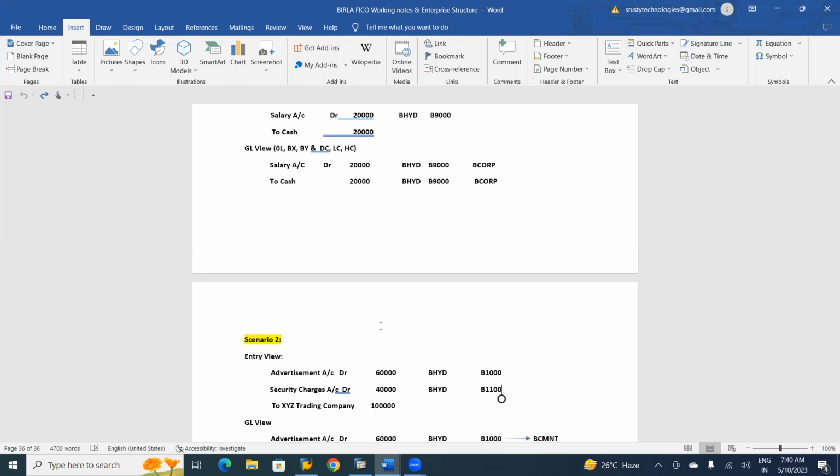Client level in the sense, for example, if we activate document splitting, we are working under client 800. Once we activate document splitting, then whatever company codes are there under the 800 client, it will be activated for all company codes. That is called client level.